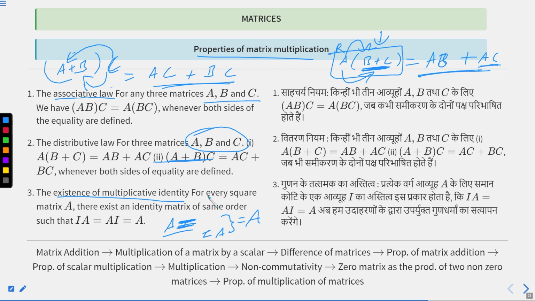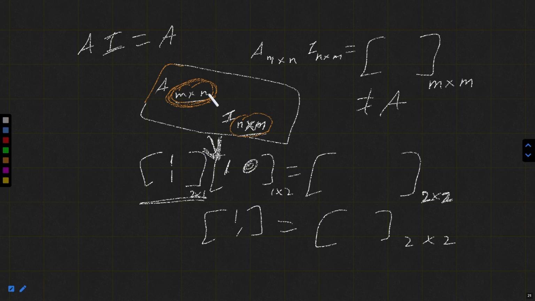So that's why this is written over here, that for every square matrix A there exists an identity matrix. Okay, we are not talking about in general M cross N matrix. We are especially talking about when we have A as our square matrix.